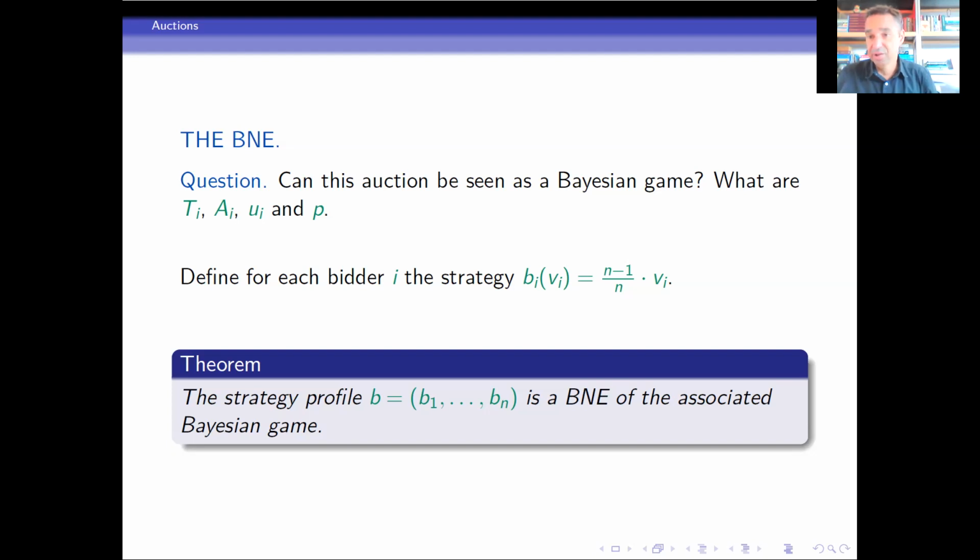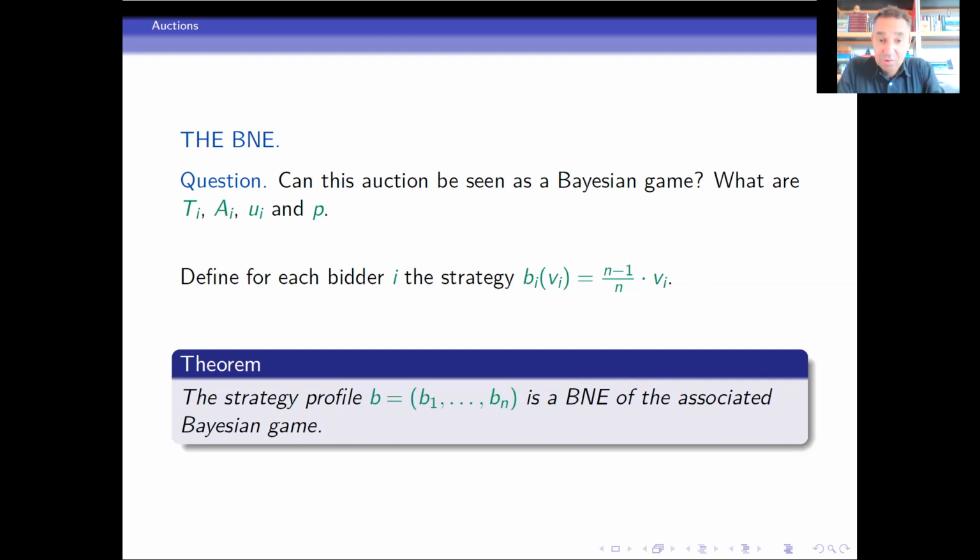And if you bid your valuation, then that would be your valuation minus your valuation, and that's also 0. So that means that bidding your true value, the VI, would guarantee you a payoff of 0. And hopefully you can do better than that, of course.